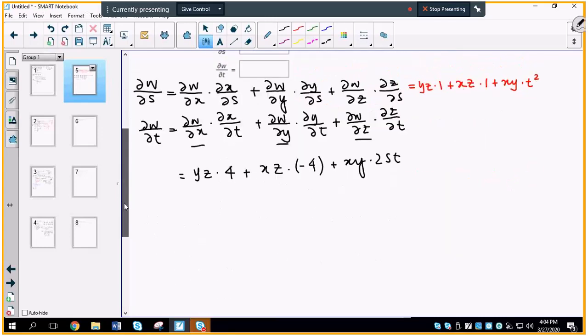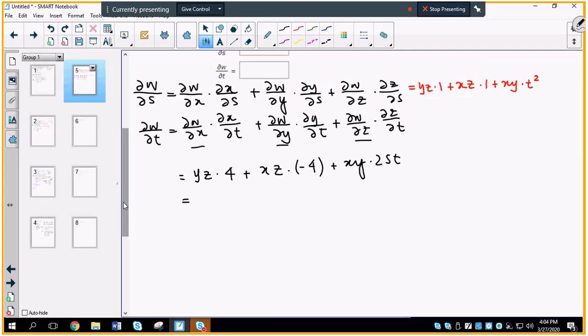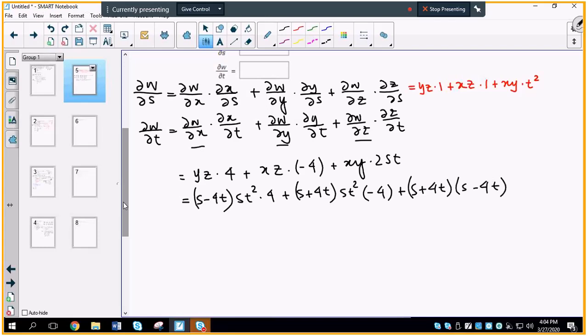So we will say Y, which was S minus 4T, times ST squared times 4, plus S plus 4T for X. Z is ST squared times negative 4, plus S plus 4T times S minus 4T times 2ST, and then simplify these terms.